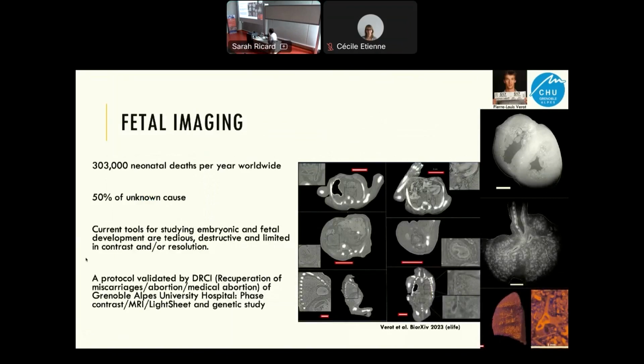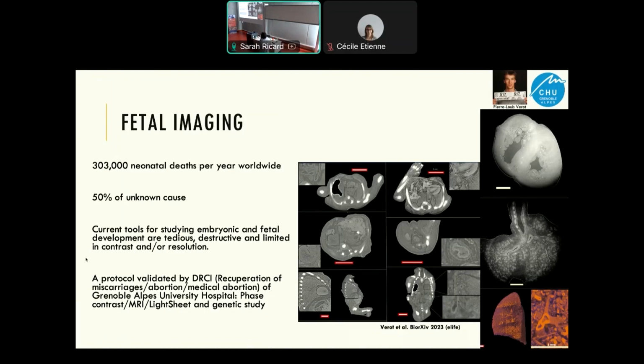Another big project, which is really interesting because it's the first time that we can do such a thing, is about fetal imaging. We are trying to collect all the human fetuses and human embryos that we can get from the hospital in Grenoble, because we want to profit from the fact that we have sensitivity to all the different tissues. And this is the result that we get from one human fetus. Here the scale is 1 centimeter and here 1 millimeter.